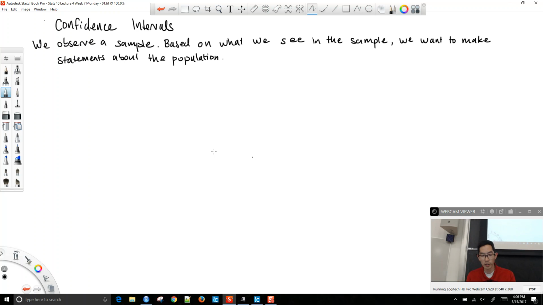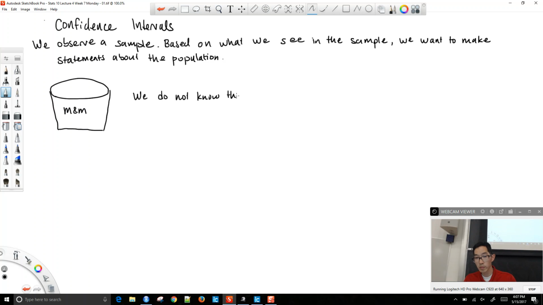And kind of the running example is that we've got a large bucket of M&Ms, okay? In the bucket, we do not know the exact count of M&Ms.